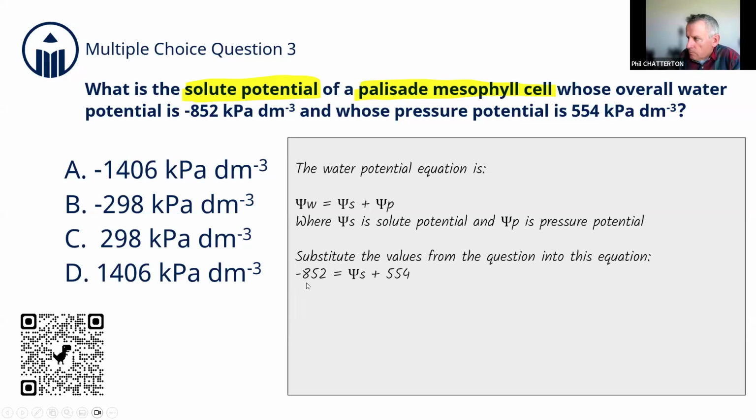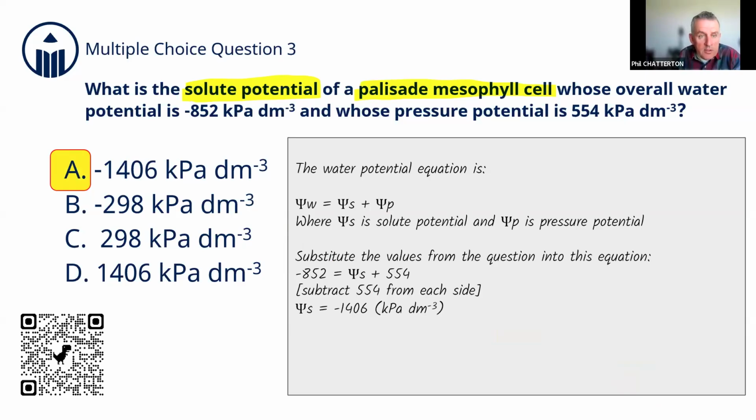That's this one. And the solute potential is what we're being asked to calculate. So we've got an equation, like any maths equation, we subtract 554 from each side to give us our response, which is A. Okay. All of you got that right on the Google Doc, but quite a few putting your answers in the chat missed out on that.